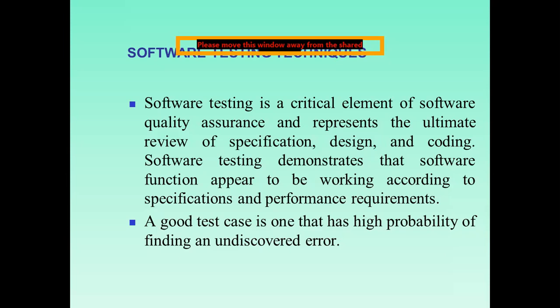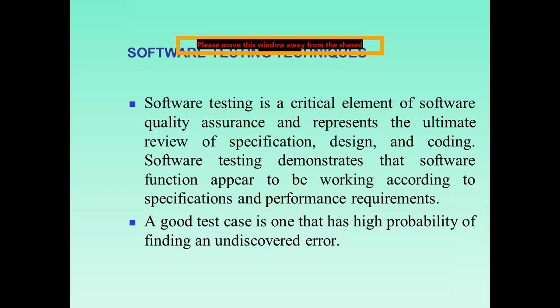A good test case is one that has a high probability of finding an undiscovered error. With the help of testing tools, we are able to find a number of undiscovered errors. These are errors which we cannot find easily.